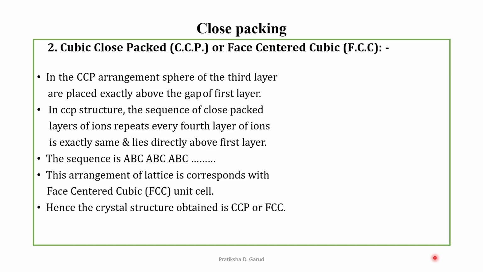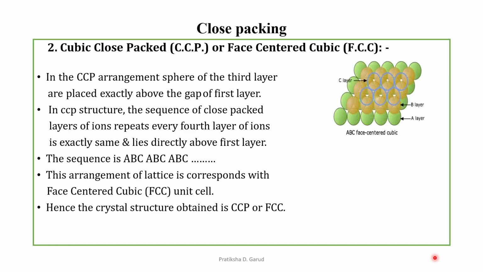So let us explain this. Here we have seen that we have the ABC type pattern, meaning the third layer is different compared to the HCP type of arrangement. Again we have one box, in which we put the first layer, which will be called the A layer. Then on the gaps of the first layer we put the second layer, that will be the B layer.